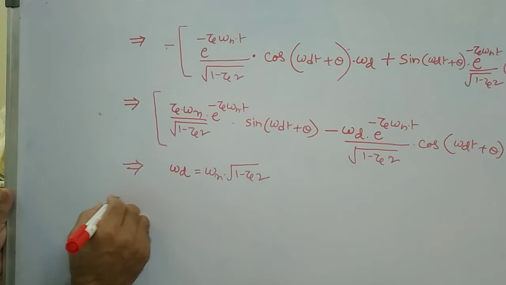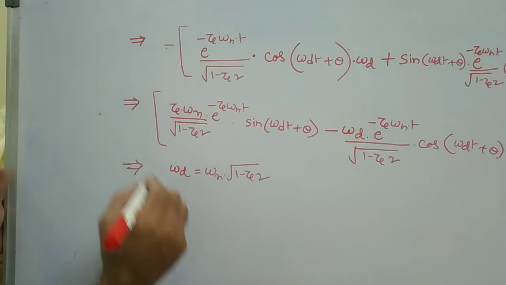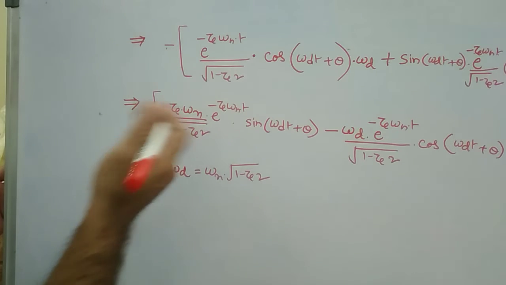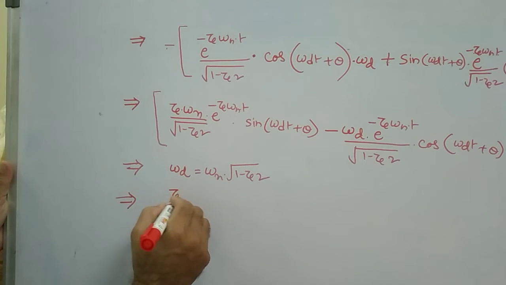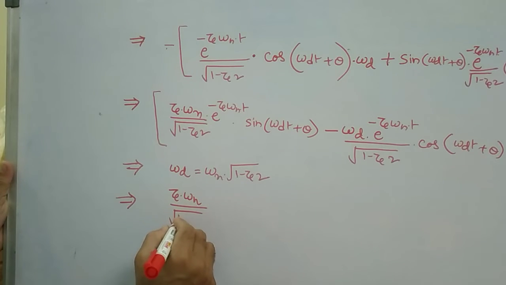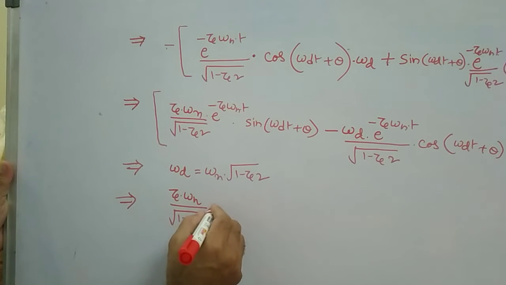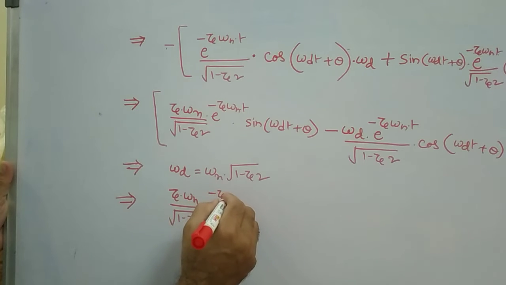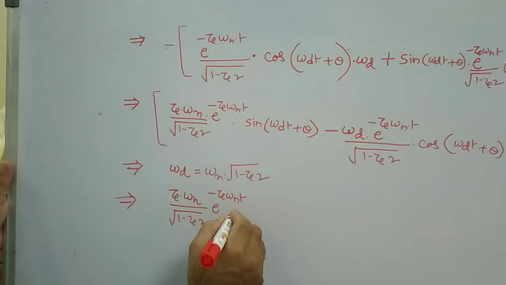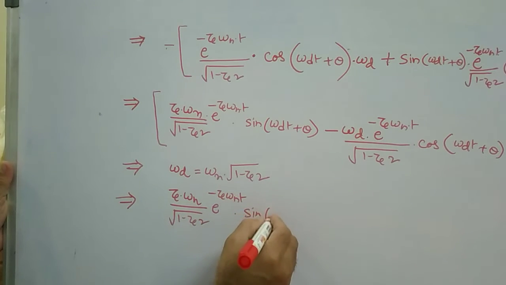Then basically what you will have is zeta times omega n by square root of 1 minus zeta square e power minus zeta omega n t, nothing will change, into sine of omega d t plus theta.